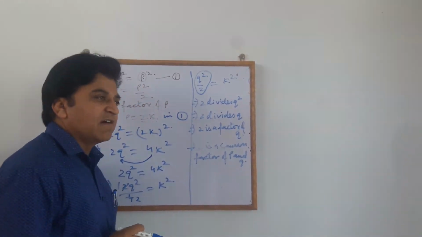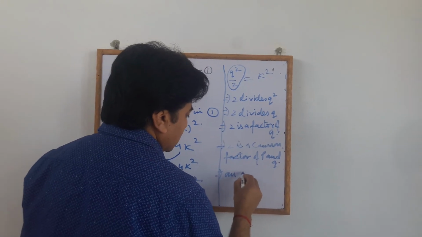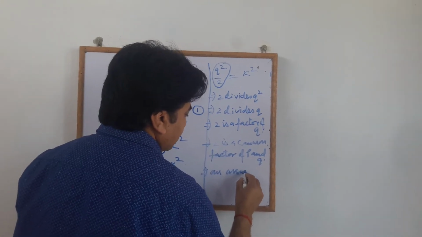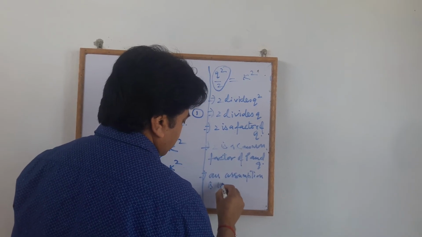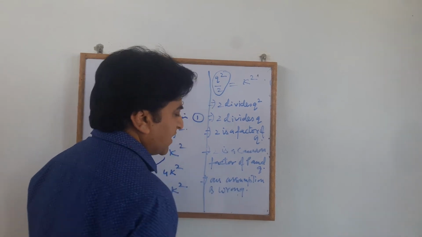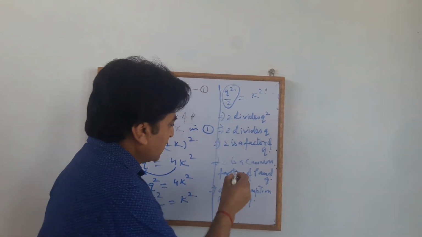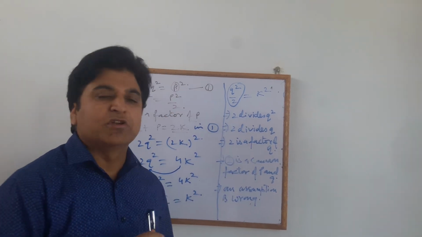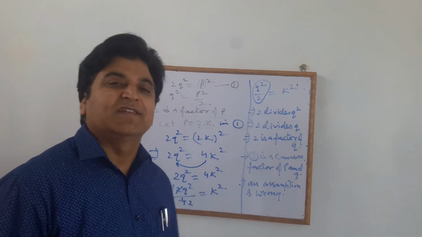So it contradicts our assumption, which implies our assumption is wrong. Why wrong? Because we have supposed that p and q are co-primes, and here we are getting 2 as a common factor between numerator and denominator. So it is not rational, root 2 is irrational.